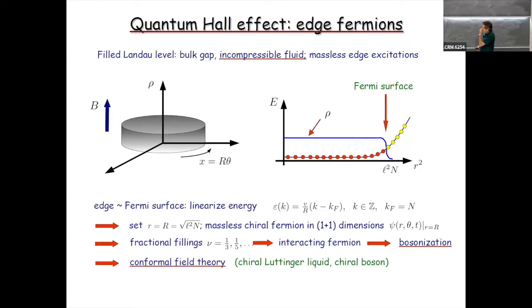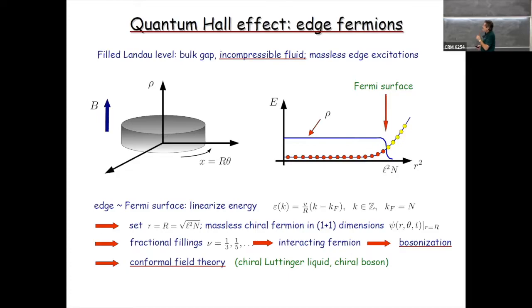If you look at the one-particle spectrum, you see that it is very degenerate here. But then at the boundary, because of the confining potential, the degeneracy is broken, and you realize some sort of Fermi surface here, because there is momentum but also radial dependence.